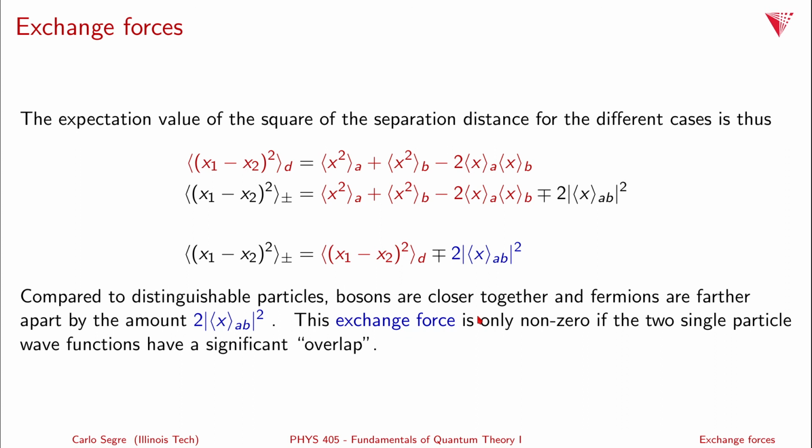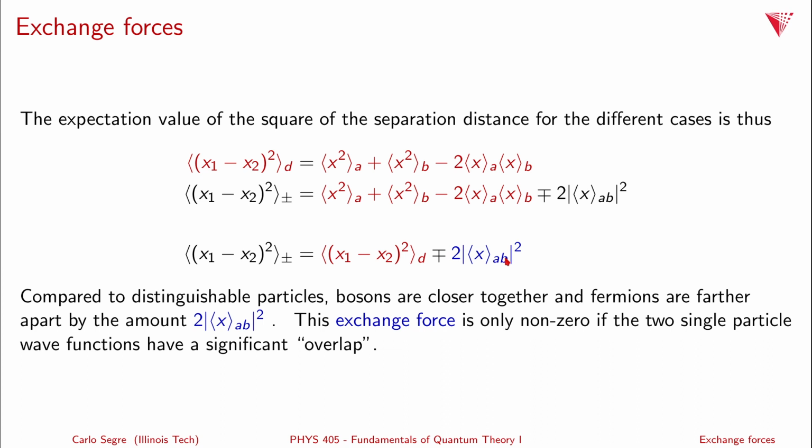So this so-called exchange force is only non-zero if the two single particle wave functions have a significant overlap. That is, the two wave functions have to be close enough so that the overlap integral, the inner product of x across AB, is non-zero. If they're too far apart, you won't get anything, or it'll go away.